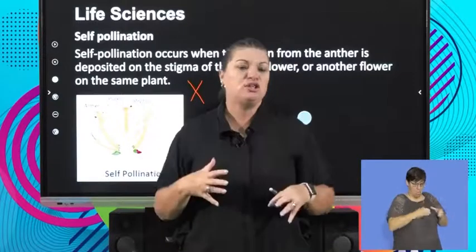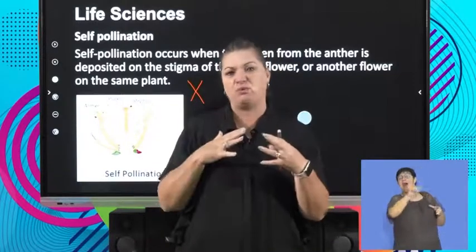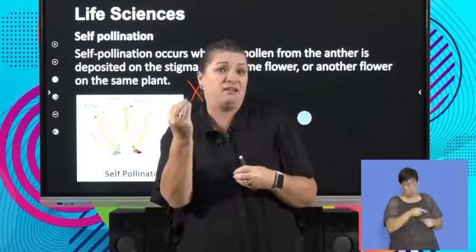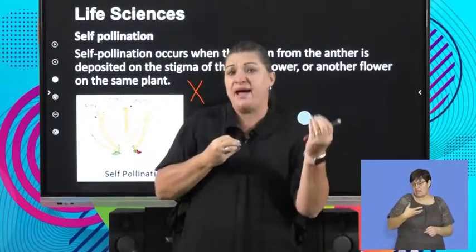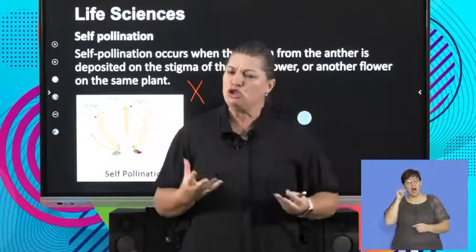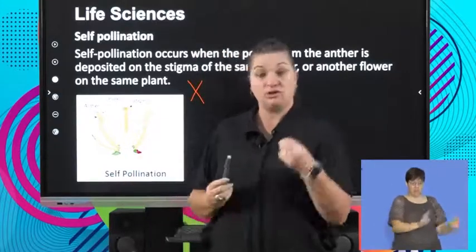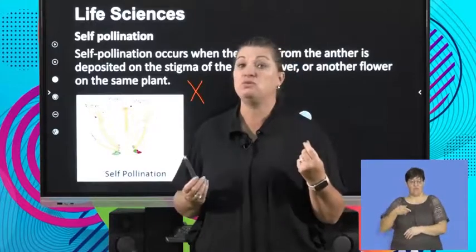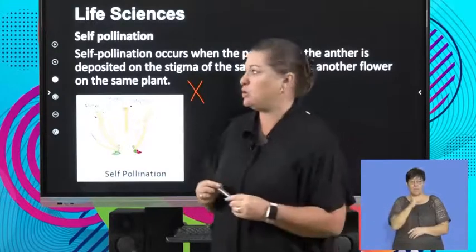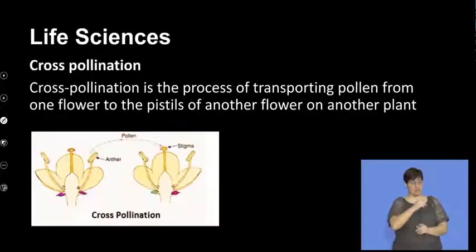Okay, so usually what will happen is the plant can come up with ways that maybe the female is mature before the male, or vice versa. It usually can come up with ways in which self-pollination doesn't occur. It's not like the end of the world, but technically we don't want it to occur. What do we want to occur? Cross-pollination.